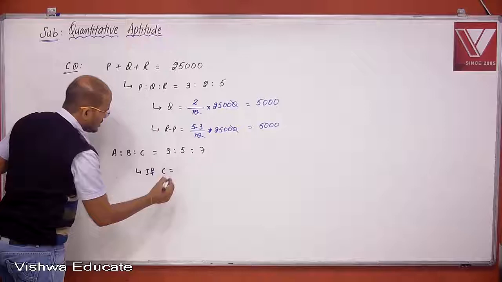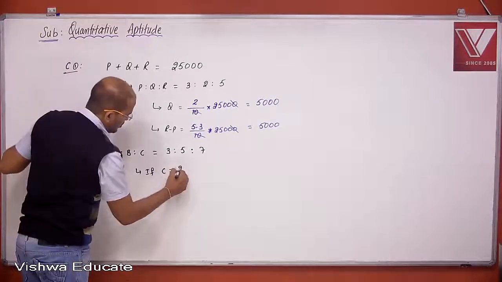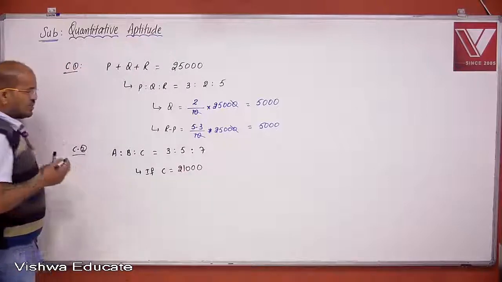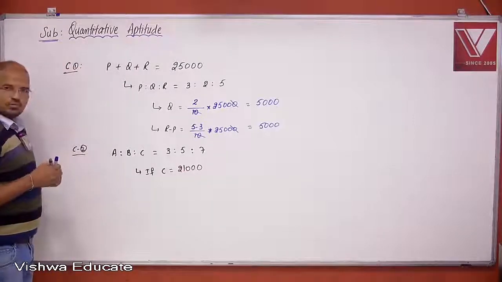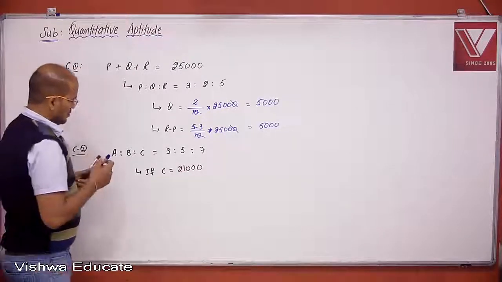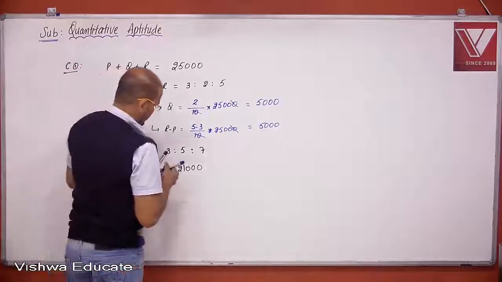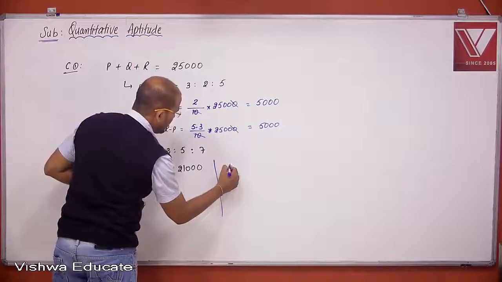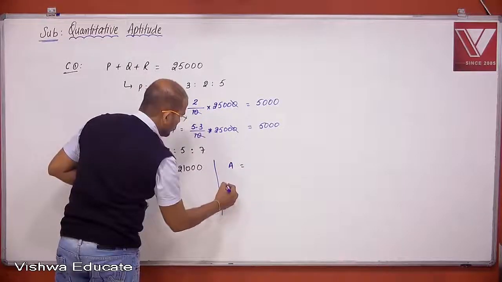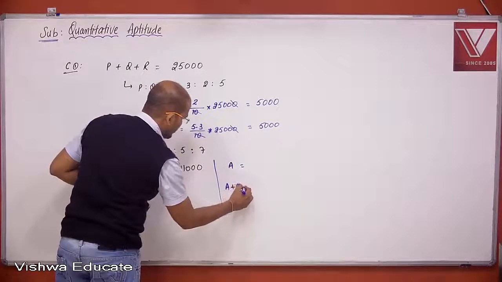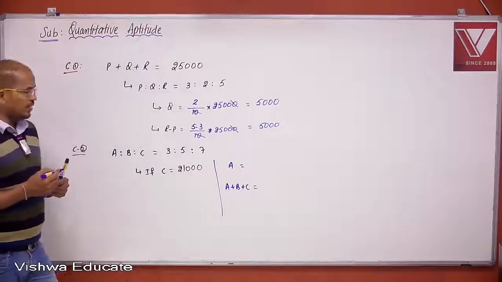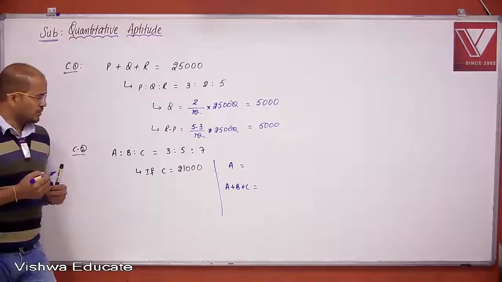If C is 21,000, okay, then what would be A and what would be A plus B plus C?